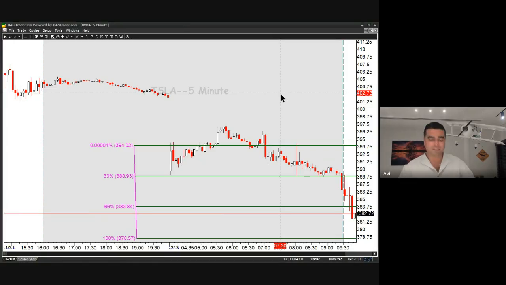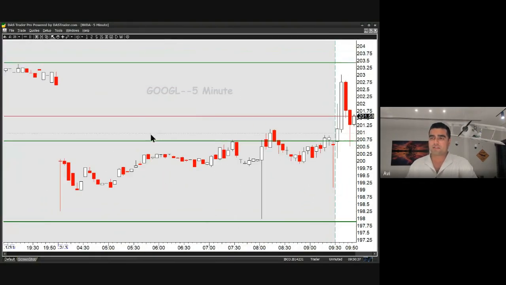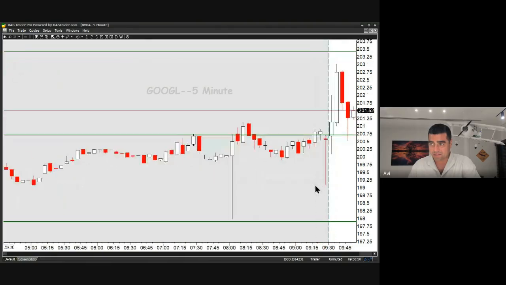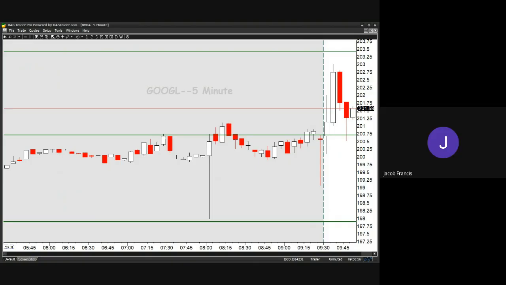I want to see what a decent retest looks like. Google's doing it. So Google had the level, false breakout, and then a breakout. Perhaps this is turning into a retest. Would you guys go long at the new 5-minute high? Anyone? You guys who read naked candlesticks? I don't think so.